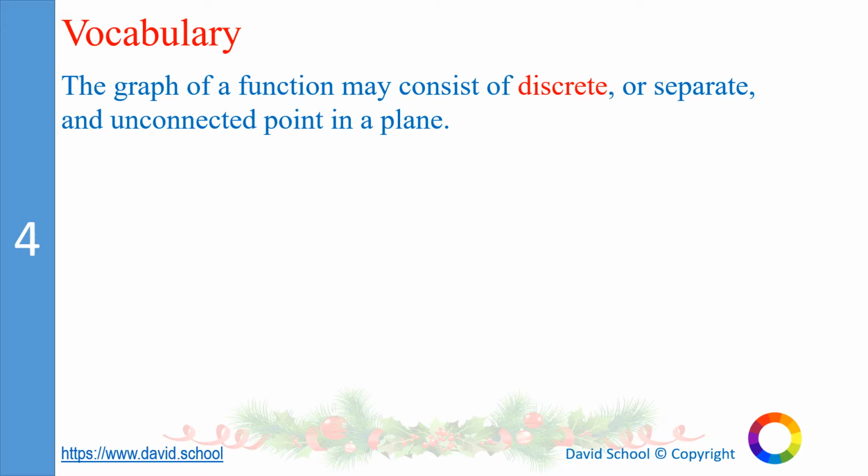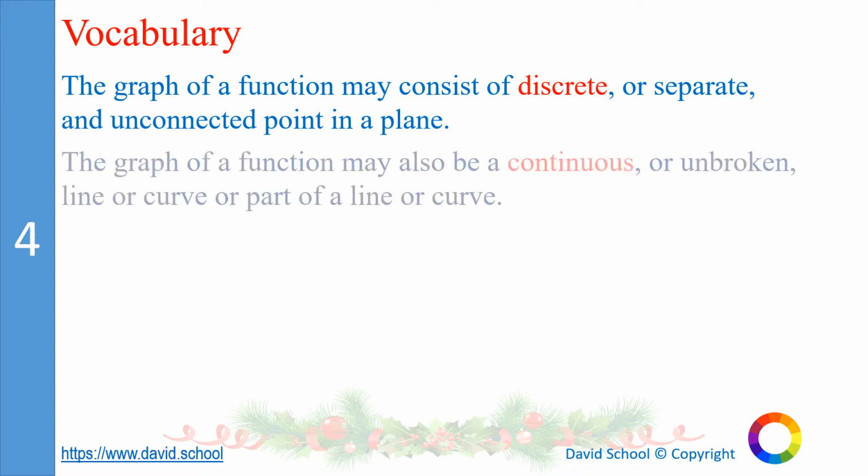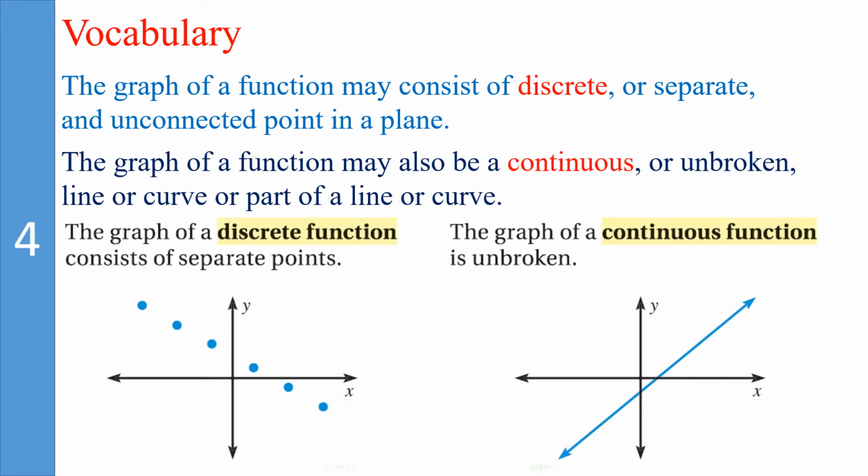Based on whether the graph is continuous or not, we have two types of functions: discrete and continuous functions. The graph of a discrete function consists of separate points, and the graph of a continuous function is unbroken.